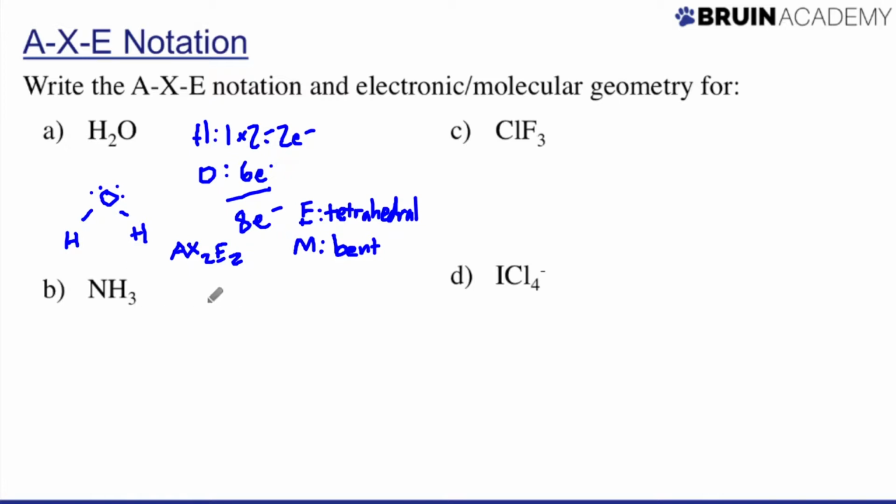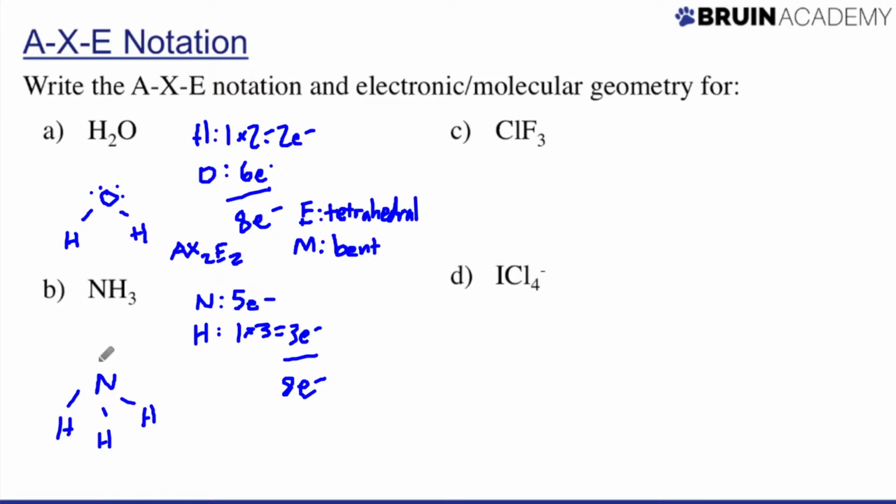We can do the same thing for NH3. So the first step, count valence electrons. Nitrogen has 5. Hydrogen has 1 times 3 is 3 valence electrons. I add that together, I get 8. So nitrogen's going to be in the middle. I attach 3 hydrogens, and there's an extra lone pair on the nitrogen, so I've used 8 electrons. This guy is going to be AX3E because there's 3 bonding elements and 1 lone pair.